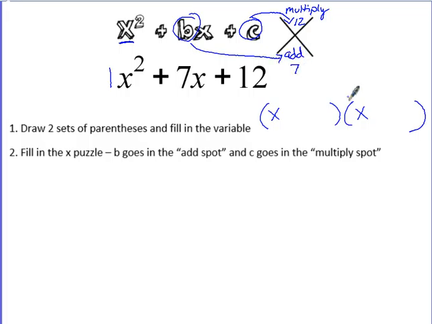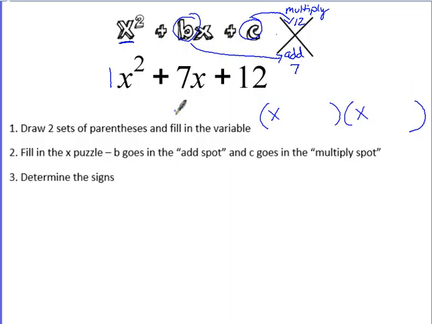So I have a 7 there. So top is c and it's multiply, bottom is 7 and it's add. What I'm looking for to fill in these other 2 sides is 2 numbers that when I add them together I get 7 as the answer, and when I multiply them together I get 12 as the answer. So they add up to 7, they multiply to 12.